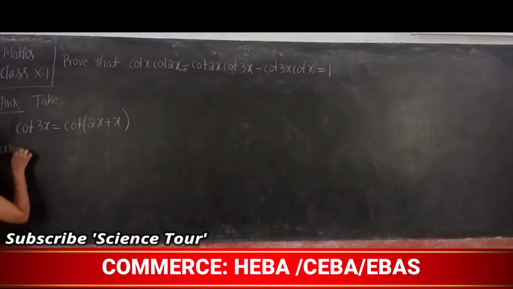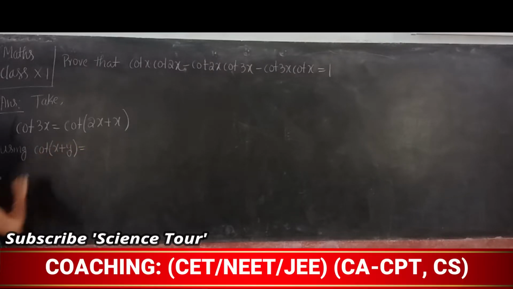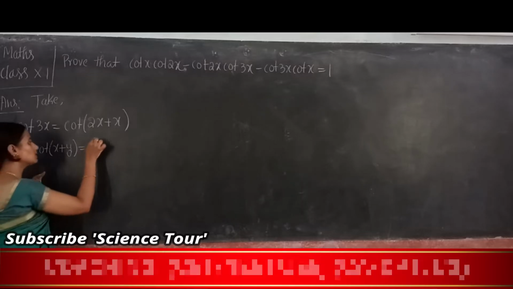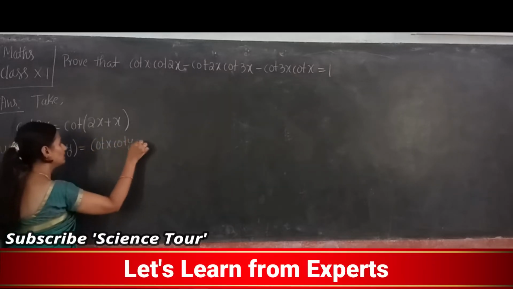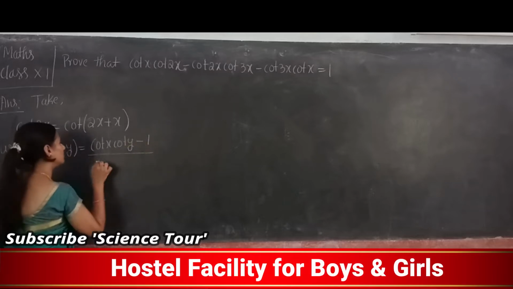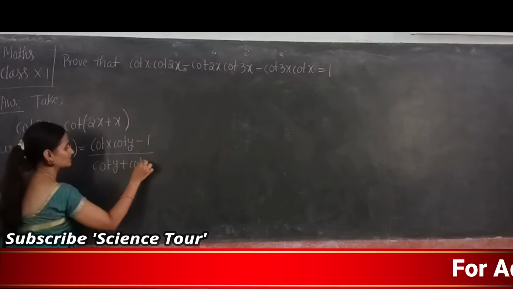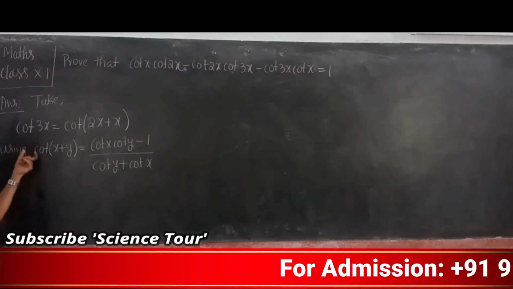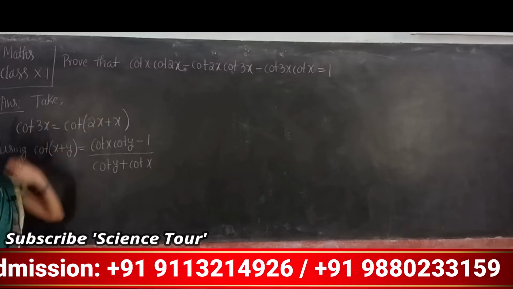So using the formula, cot of x plus y is cot x cot y minus 1 divided by cot y plus cot x, right? This is the formula of cot x plus y. So now cot 2x plus x.